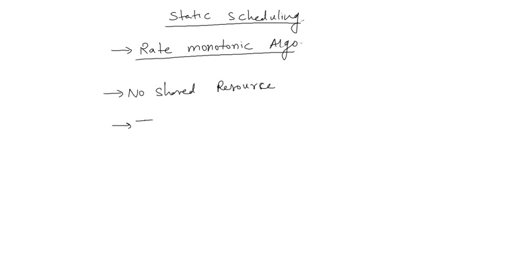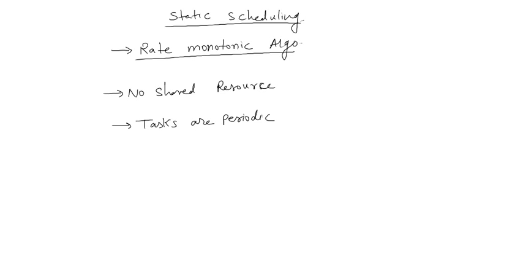Then we assume the tasks are periodic. We will not handle aperiodic and sporadic tasks. Sporadic means we don't know when it will come, so the programmer cannot decide about it. It should be allocated dynamically and cannot be done in static scheduling.